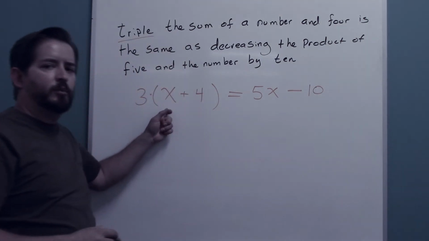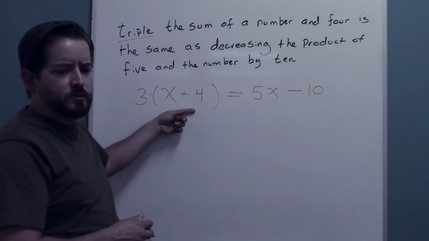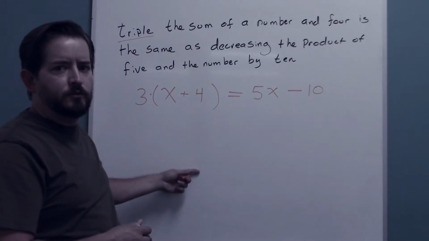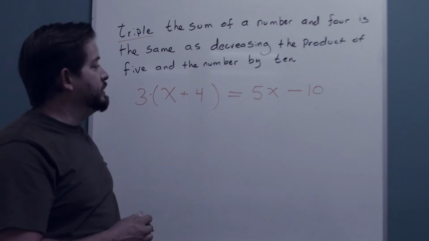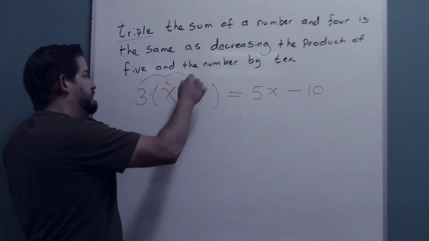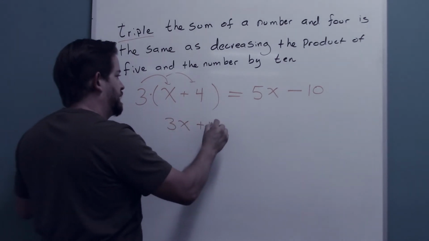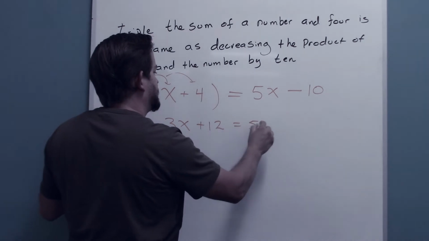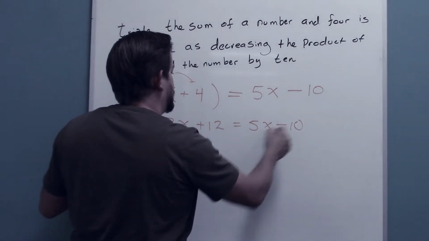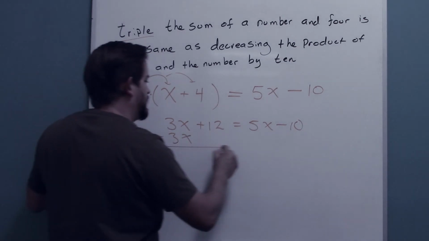So this is the hard part here, is to get this set up. From here, once you have this, this is chapters 1.1, 2, 3, and 4, right? This stuff should be easy by now. So if I take this 3 and distribute it through, I've got 3x plus 12 equals 5x minus 10. I'm going to get all of my x's to the right-hand side, just to keep them positive.